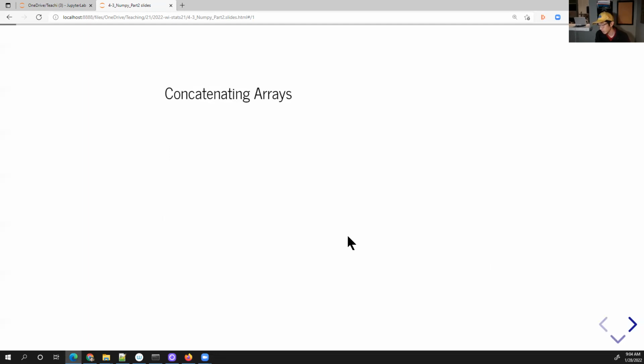All right, our first thing will be concatenating arrays. Here I've created two arrays using the arange function, but let's say I've got any two arrays. These are one-dimensional arrays. Here I've got 0, 1, 2, 3, and 100 through 103 over here.